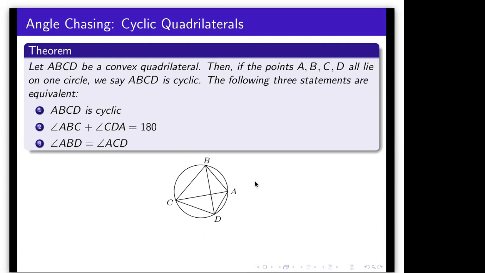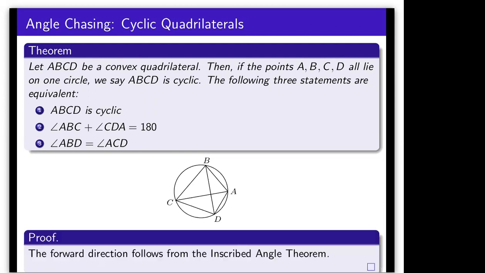The second bullet is because angle ABC, from the inscribed angle theorem, is 1/2 of this arc AC, but angle CDA is 1/2 of the other arc AC.